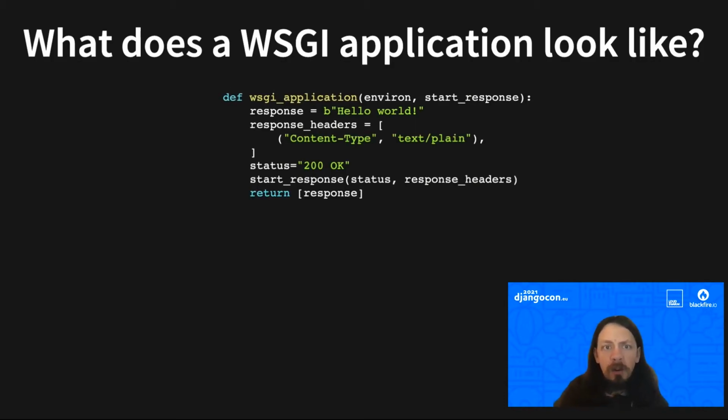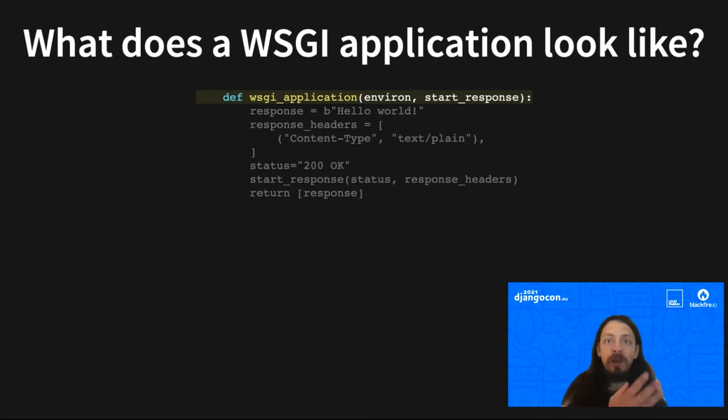So what does our Python application need to look like to be WSGI compatible? Well, it needs to be a callable, and a callable that accepts two arguments. That first argument is going to be a Python dictionary. So when our server gets a web request, it's going to call this function, and it's going to pass in a dictionary containing all of the information you would associate with that request.